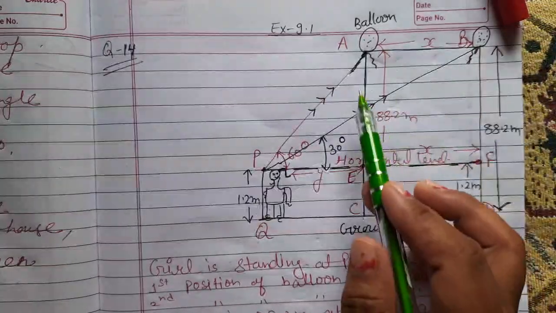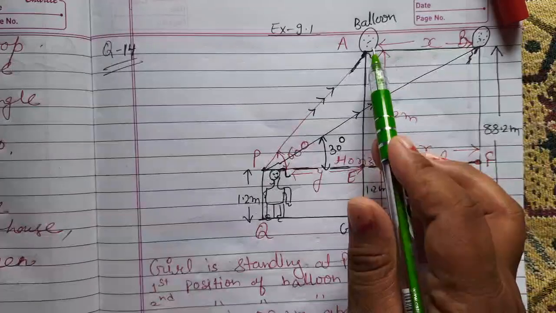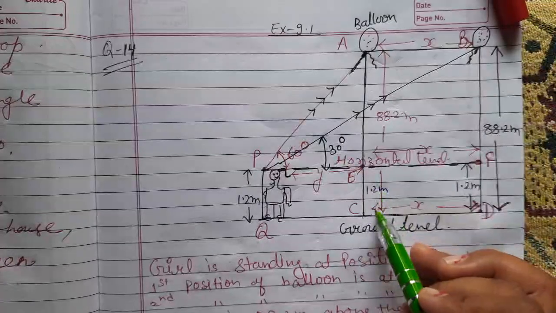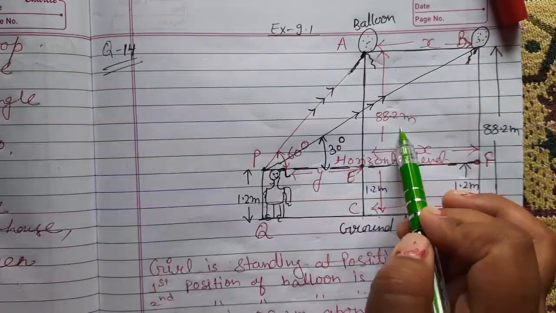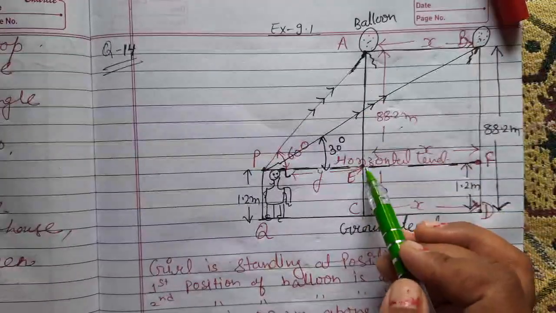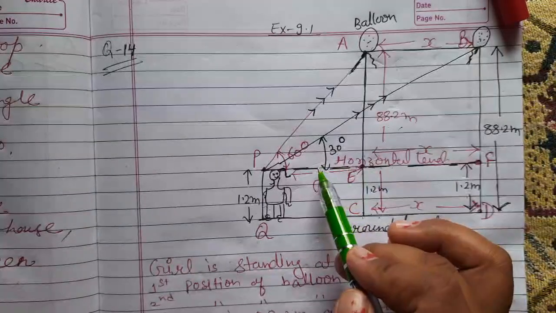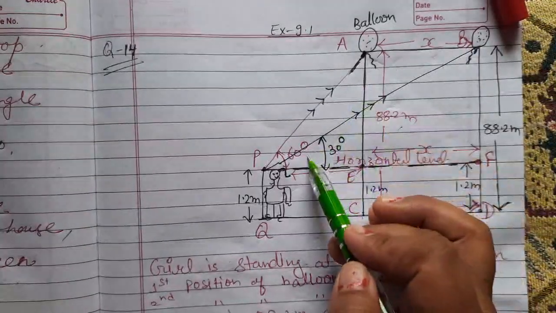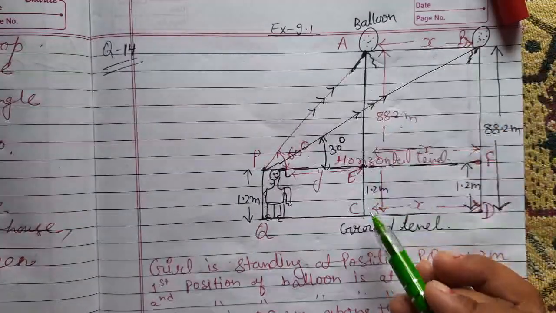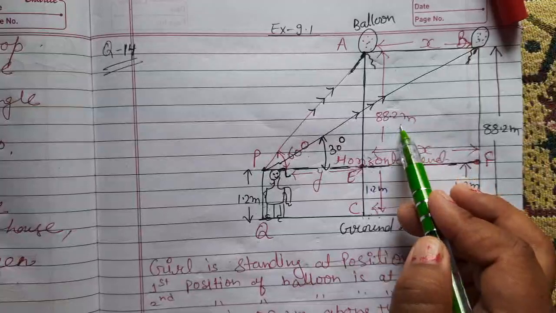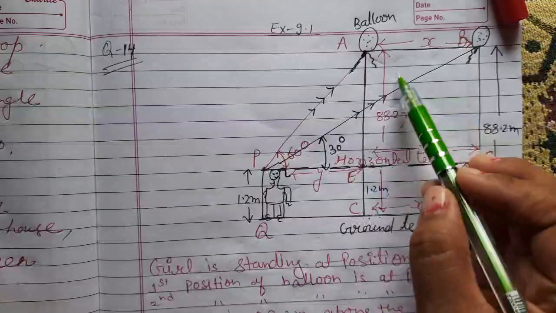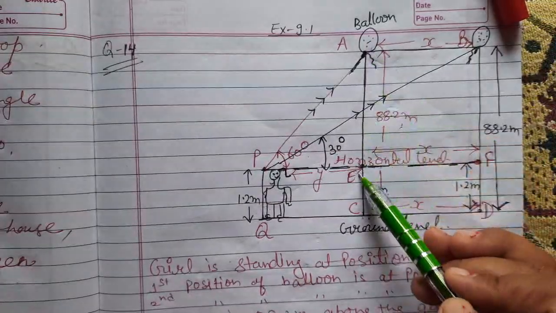Now at point A, the height of the balloon from the ground is given as 88.2 meter, but now we will calculate the height of the balloon from this horizontal level. From this horizontal level, the angle of elevation is 60 degree in the first case. So complete AC is equal to 88.2 meter, and EC is equal to 1.2 meter. So we can calculate AE.